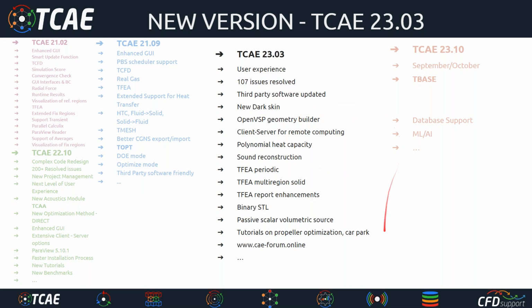There's the new dark skin, and we also did a lot of rather smaller changes to increase the user friendliness. On top of that, we have added OpenVSP to the package. It's a geometry builder, which is extremely useful, and you can run optimization loops with it, especially for axial machines. It's very effective. So let's see it later in the webinar.